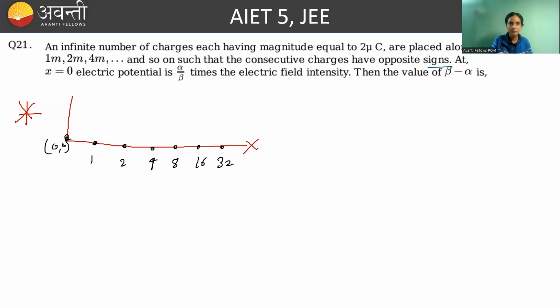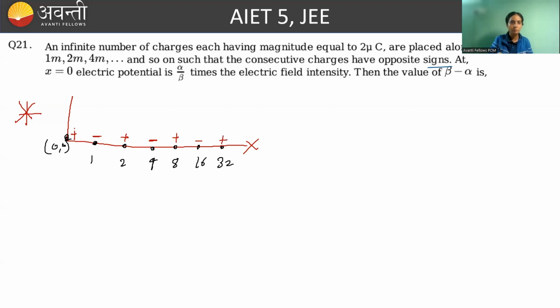Such that consecutive charges have opposite signs. Here we will start with positive, because nothing is given about where to start, so by default we take the first charge to be positive. So the first charge is plus, here it is negative, here again plus, negative, plus, negative, plus. All have the same magnitude, right?